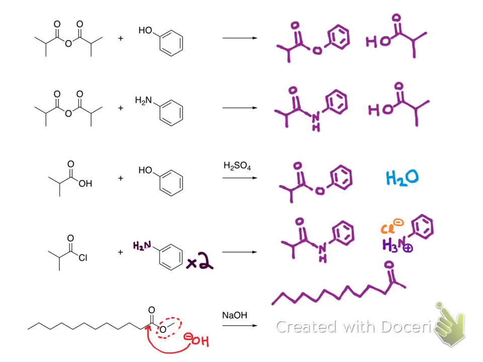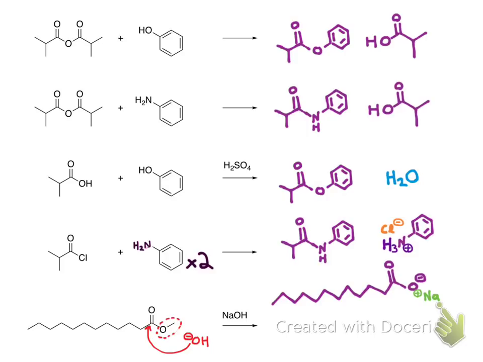And then finally, we've got the oxygen from the hydroxide. But remember, it's going to lose its hydrogen, just like all of our other nucleophiles in these reactions. So this is going to have a negative charge on it. So this is a carboxylate. And that negative charge is just going to be counterbalanced by that sodium that came from the sodium hydroxide.